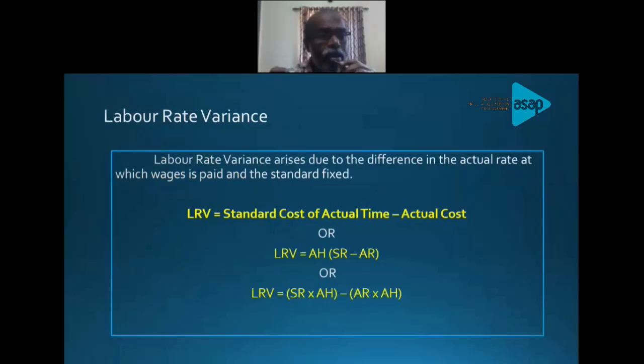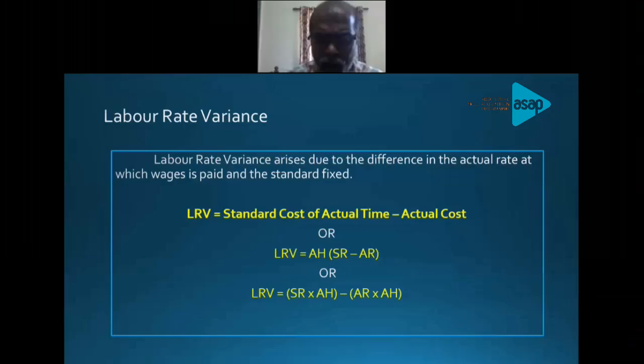We have already learned labor rate variance arises due to the difference in the actual rate at which wages is paid and a standard fixed rate. Labor rate of pay variance arises due to the difference in the standard wage rate and actual wage rate.